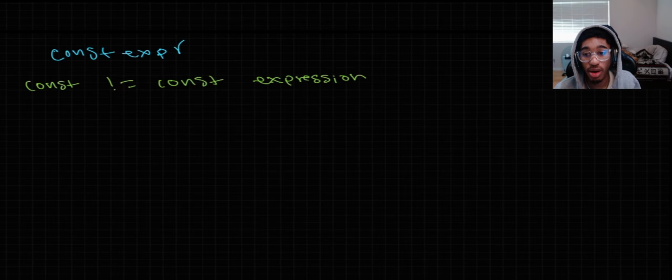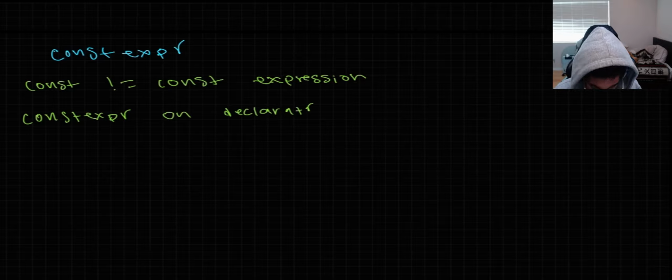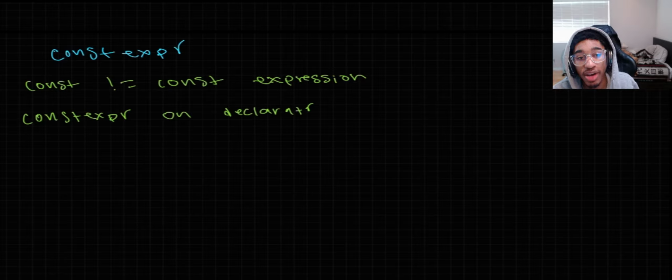For something to be a constant expression, it requires the constexpr keyword on the declarator. And a constexpr pointer requires an address expression. And a constant expression is pretty much a value that is known at compile time. The whole point of constexpr is a value that is known at compile time.